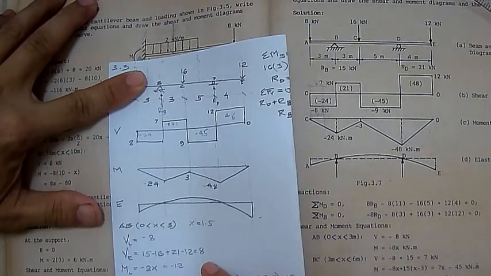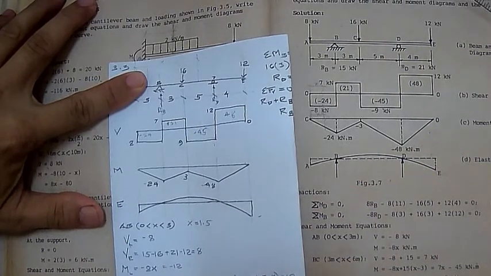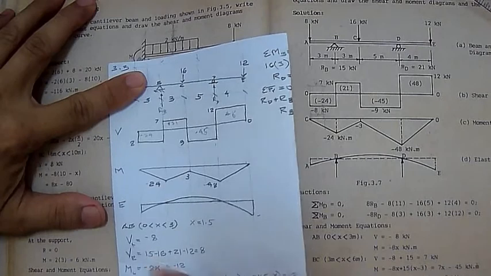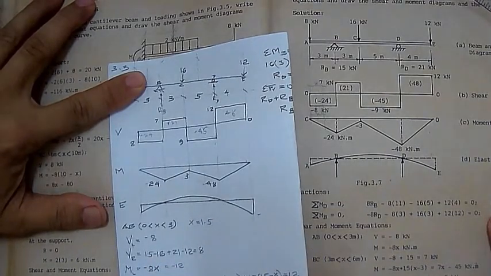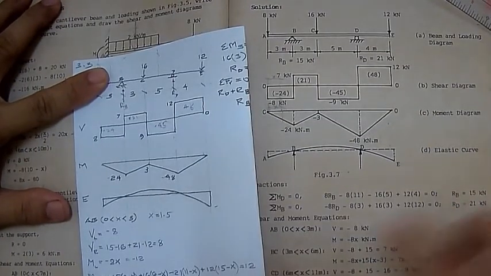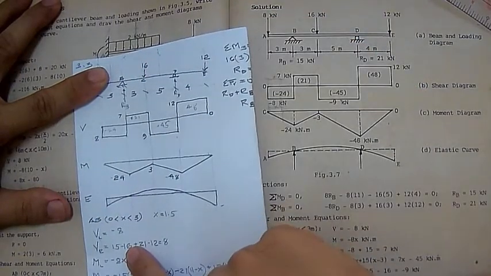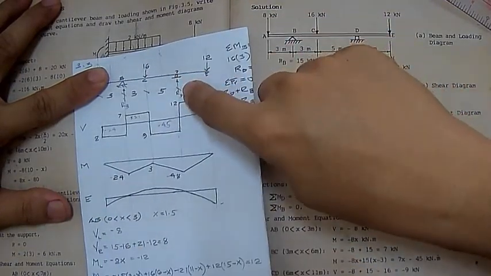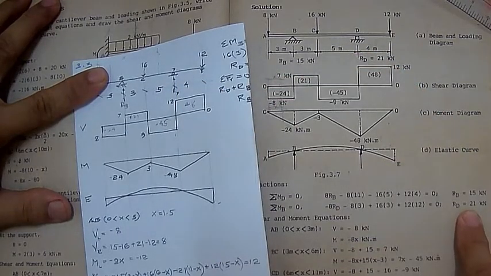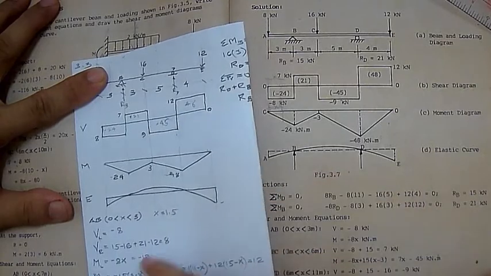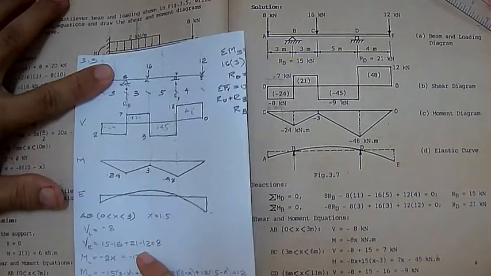Okay. Ano yung 15? It is your reaction B. Okay? Reaction B is 15, pataas. Minus 16, pababa. Plus reaction D na 21. Minus 12, ayan, pababa, is equal to 8.